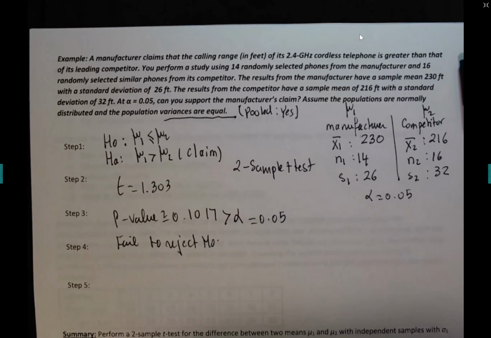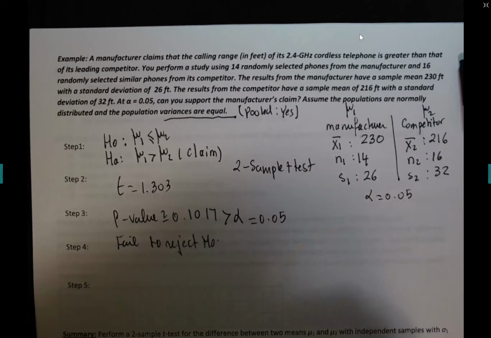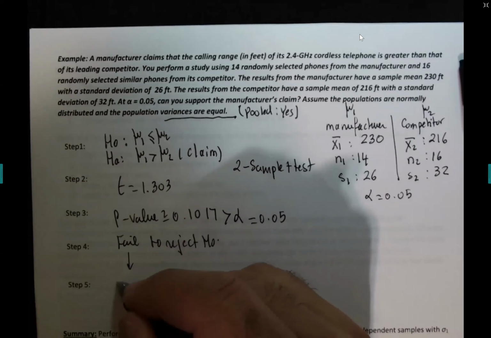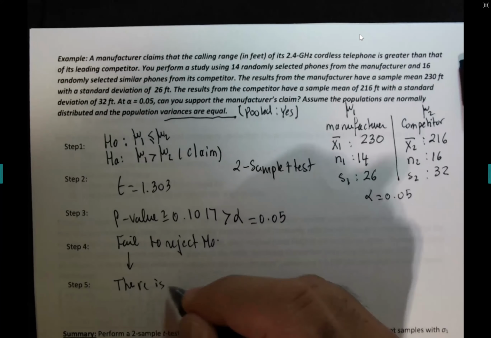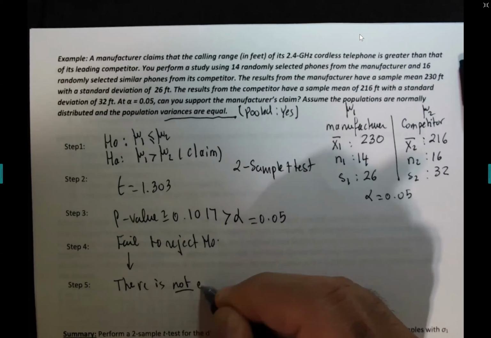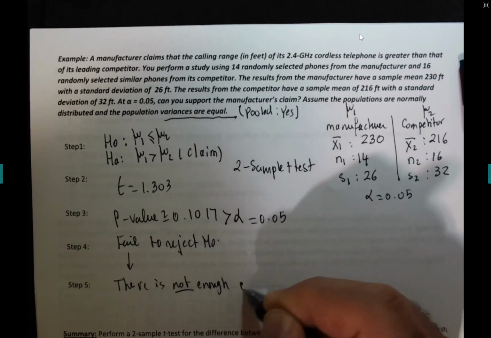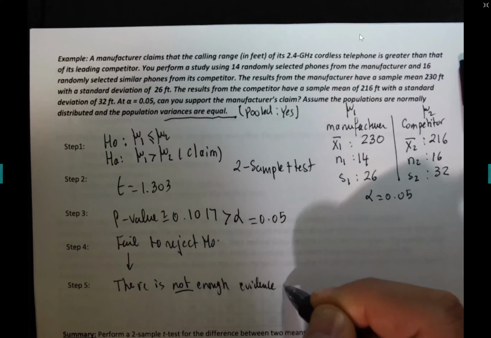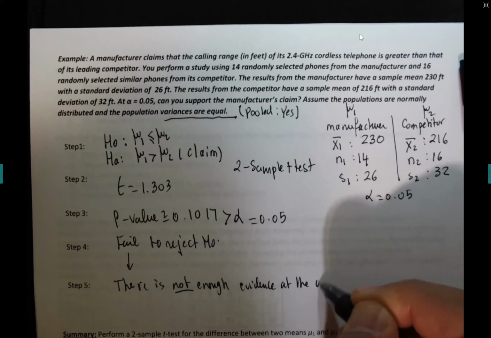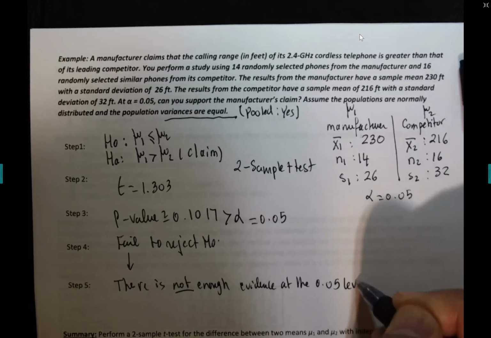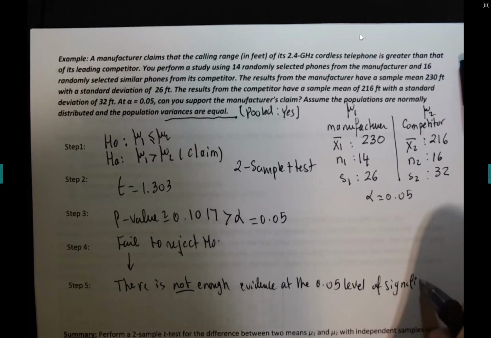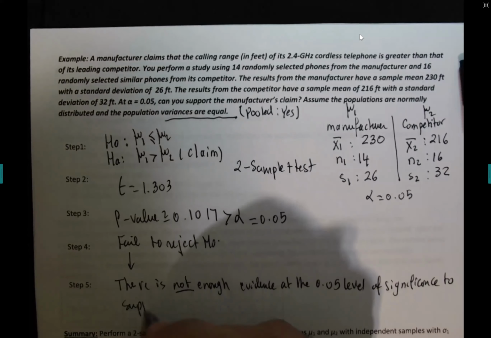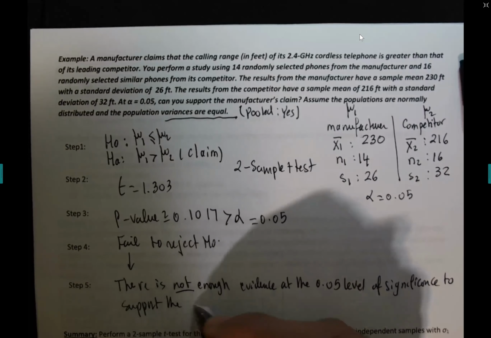I told you it's the day of H0 today. So there is not. Fail to reject H0, you start with there is not. There is not enough evidence at the 0.05 level of significance to support the manufacturer claim.